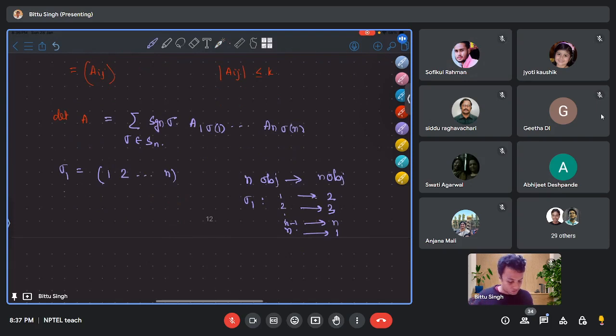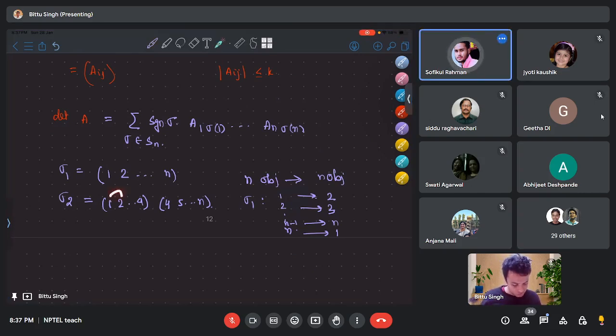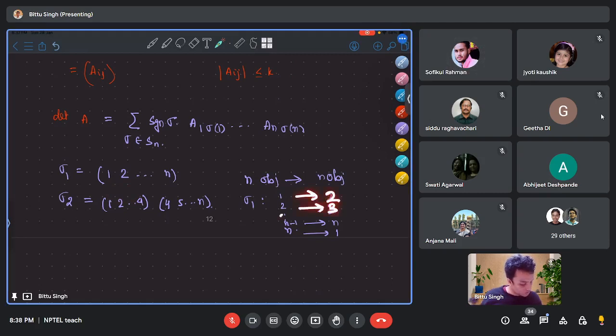For example, take another, sigma 2. Suppose 1, 2 up to 4, and after that 4, 5 up to n. What is the meaning of sigma 2? Sigma 2 means 1 goes to 2, 2 goes to 3, 3 goes to 4, and 4 goes to 1.